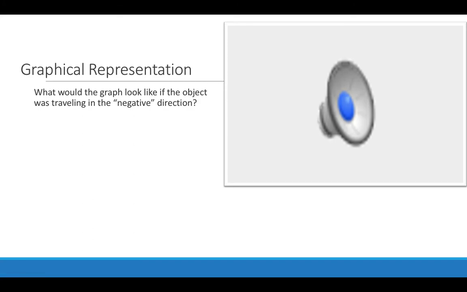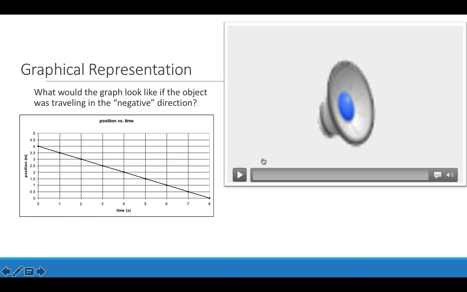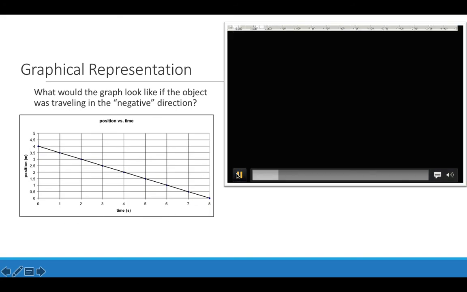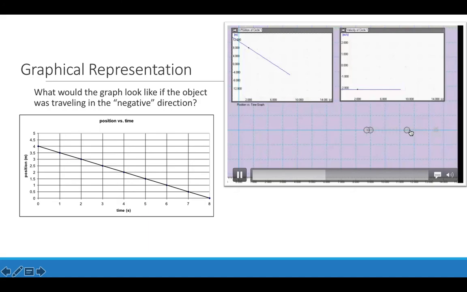So we could also ask the question, what would the graph look like if the object was traveling in the negative direction? So instead of traveling to the right, maybe this object is actually traveling to the left. So here's the object, moving at a constant speed, but it's traveling to the left instead of traveling to the right. And so if the origin of my coordinate system is someplace over here, the object is starting far away from the origin of the coordinate system.